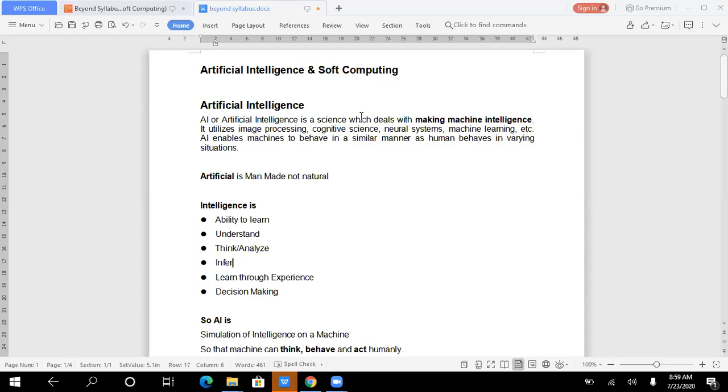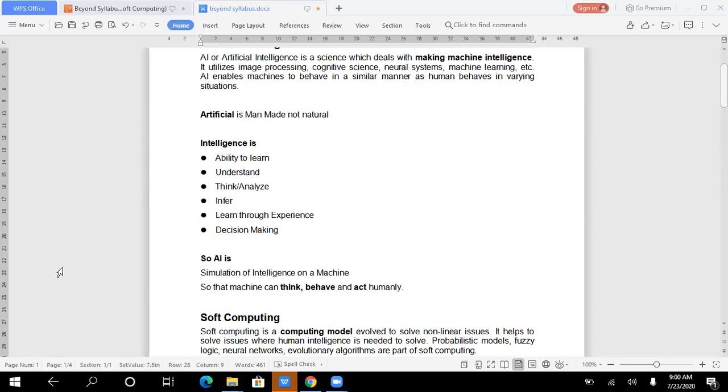Artificial intelligence is a science which deals with making machines intelligent. It utilizes image processing, cognitive science, neural systems, machine learning, etc. AI enables machines to behave in a similar manner as humans behave in varying situations, right? So in a gist, I can simply say that AI is the simulation of intelligence on a machine so that the machine can think, behave, and act humanly.